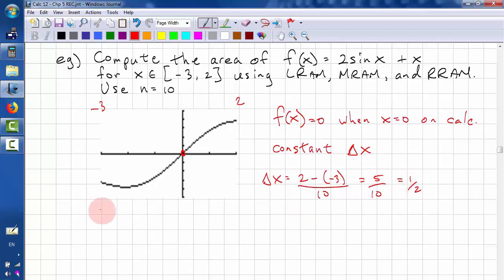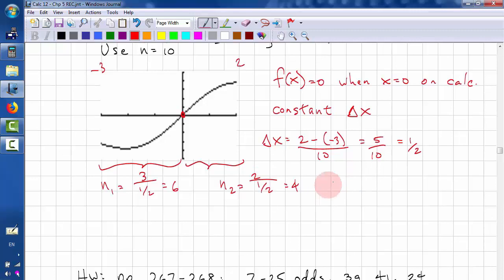Okay, so in this region, we have n1 equals 3 divided by 1/2. So this is 6. So we need a partition of 6 here. Here we have n2 equals 2, the width of the partition, over 1/2. So we need to use 4 as our partition here.